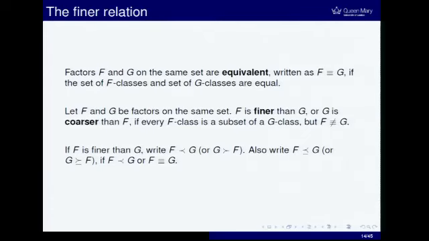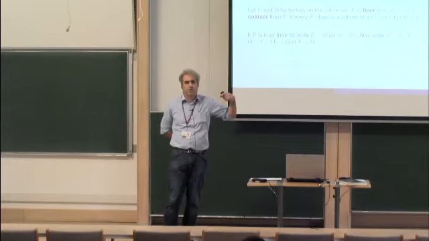Now, moving on, the factor F is said to be finer than a factor G, defined on the same set, if every class of F is a subset of a class of G. And if you think about ANOVA from a different perspective, this finer relation is expressing nesting of factors.